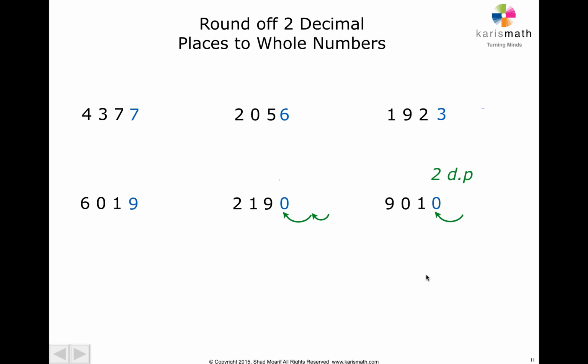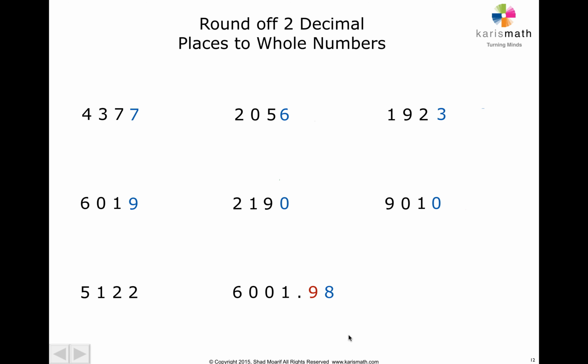So it's 9,010. 2 decimal places gone. Great. Try this one. What will this be? Yes, 5,122 only, because this disappears, it's less than 5. This disappears, it's less than 5, and no number is added to these, so it's 5,122. Both decimal places gone.